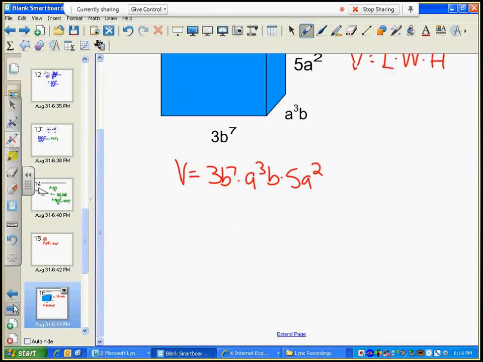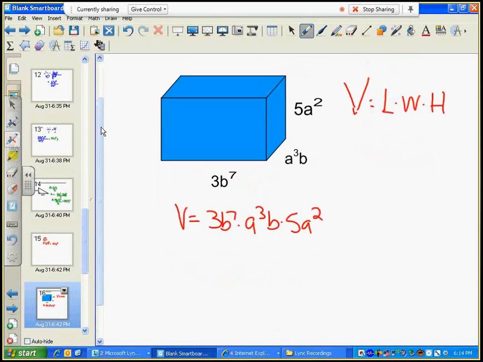Okay. I'm going to multiply my coefficients first. So my volume is 15. Here's a b factor. Do I have another b factor? Yes, I do. What's its exponent? 1. Multiplying same bases, so I add my exponents: b to the 8th.